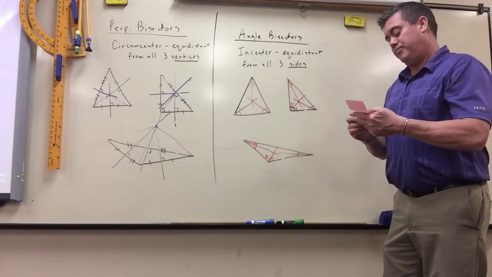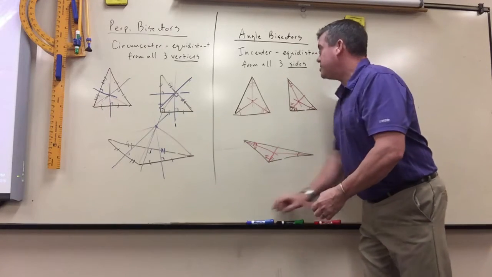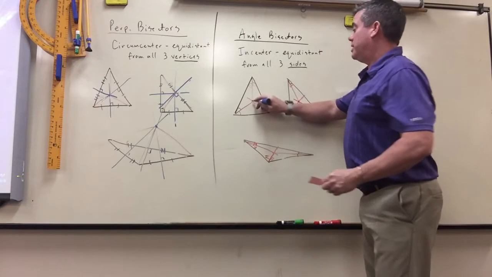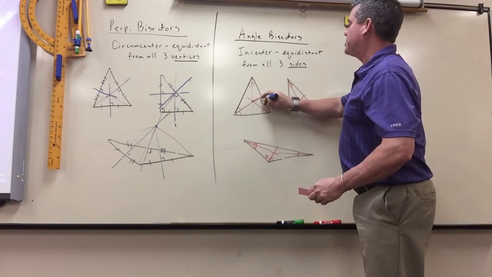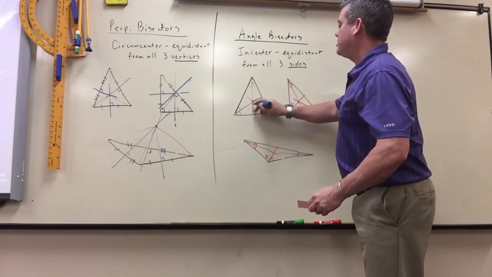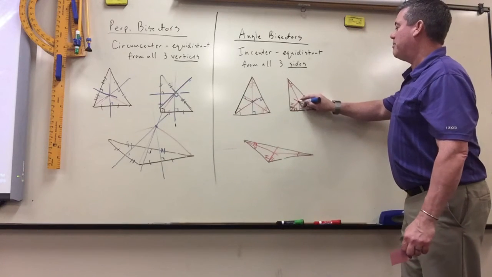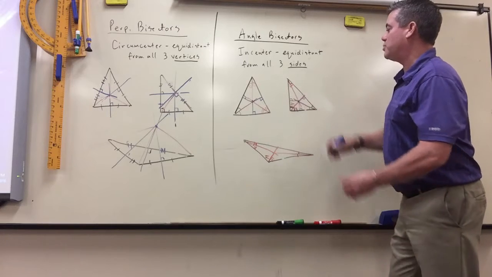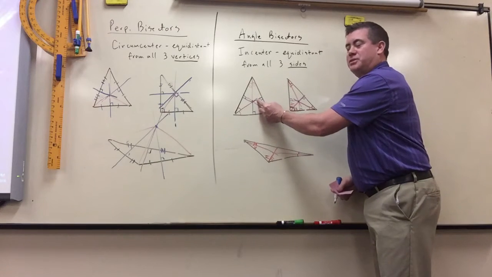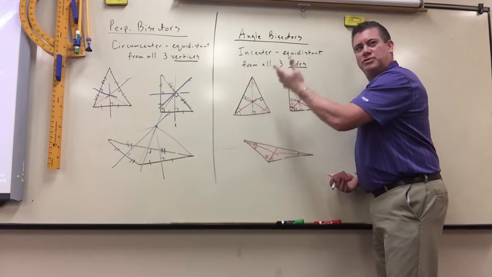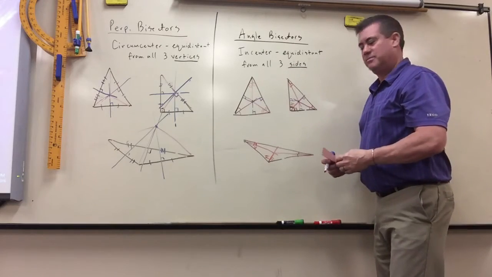So this tells us the distance from the incenter to each side, that distance, and that distance are all the same. So there are some problems on the test where they'll give you this distance and they're wondering what that is. You just got to realize that they're the same.